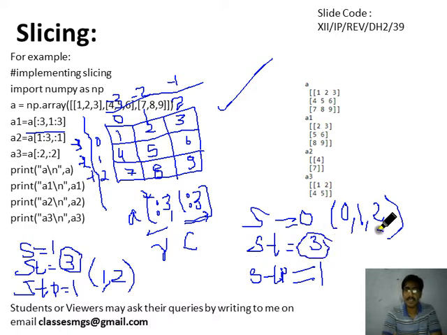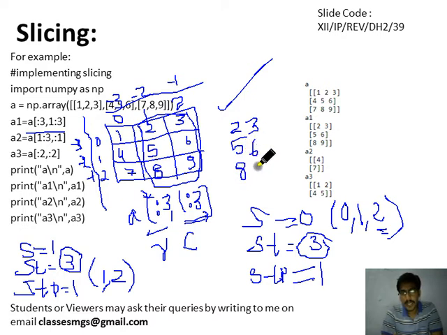So rows 0, 1, 2 and only columns 1, 2. This portion of the NumPy array will be selected. So the output will be 2, 3, then 5, 6, and then 8, 9. The output will look like this.